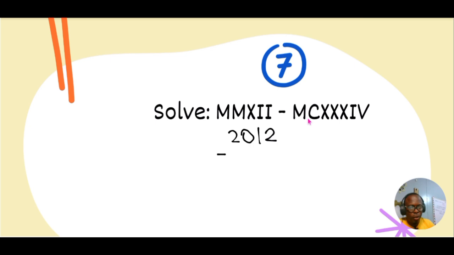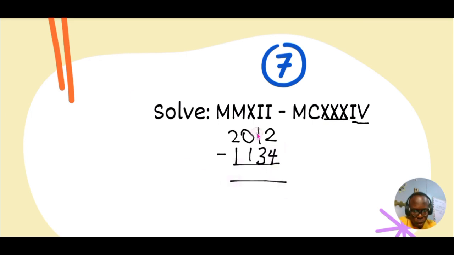I have 1100. C is 100, m is 1000, 1100, and this is 30, 1130, and this is 4. So 1134. 1134, and we're taking that away.